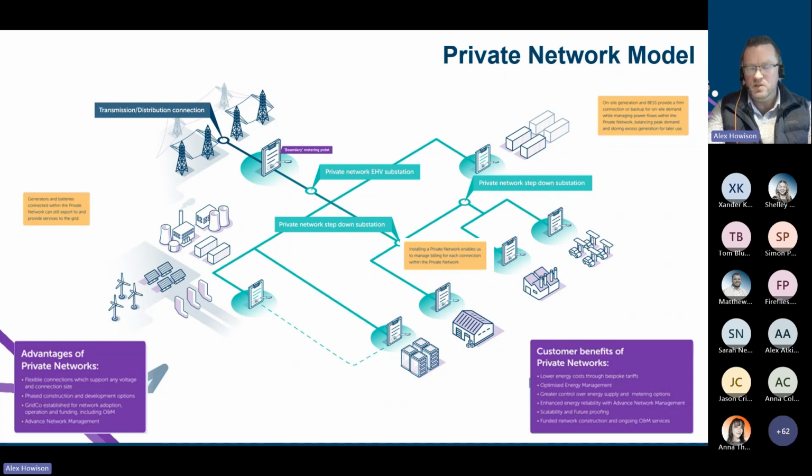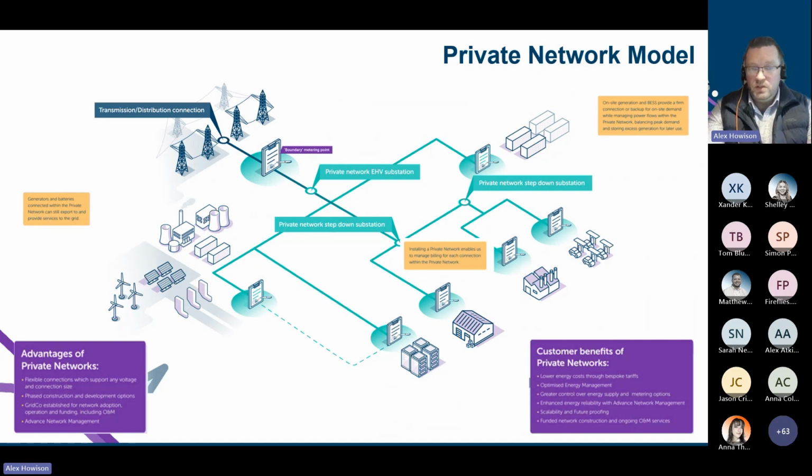The metering code changes that have come in over the last couple of years enable that to happen, and retain the network charging that has been calculated by the network owner. So if you have generation, a battery, or flexible demand, you can still be registered to the BM and provide those services to the wider grid despite being connected within the private network.